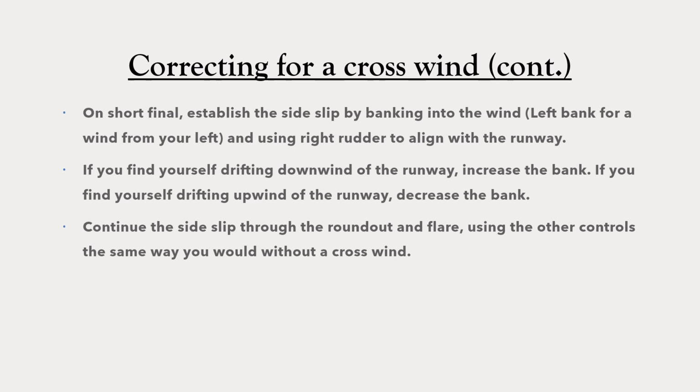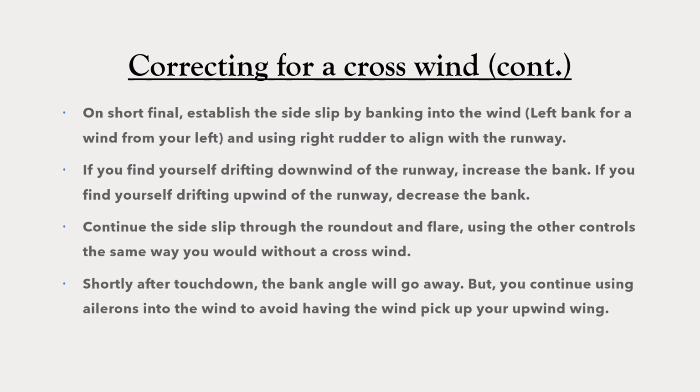So you want to continue this side slip through the round out and the flare. There's a tendency of students to get the side slip all set up, and then when you start doing the round out and flare, you just let the wings go level. But you need to get in the habit of continuing it all the way through the flare. You use the other controls the same way as you would without a crosswind.